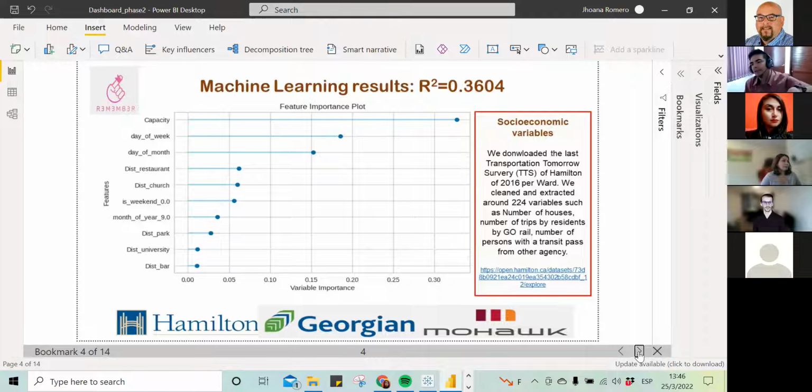And then there were some important variables like the number of trips by GO rail, number of persons with a transit pass from another agency, and the number of houses per ward.